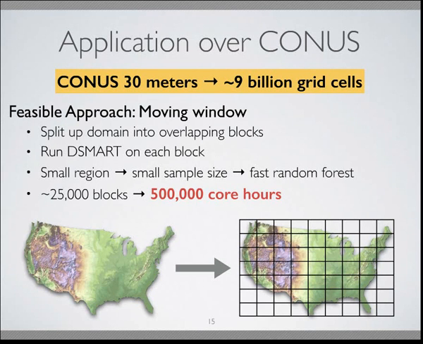What that allows me to do is I have a much smaller region for each block, which leads to a smaller sample size, which then allows for a fast random forest. In other words, DSMART takes very little time to run on each of those blocks. So what we did is we divided the entire CONUS into 25,000 blocks. Now, if I was going to run that simply on my machine at home on my laptop with a single core, I'd still be at 500,000 core hours, which is upwards of 50 years of computing.